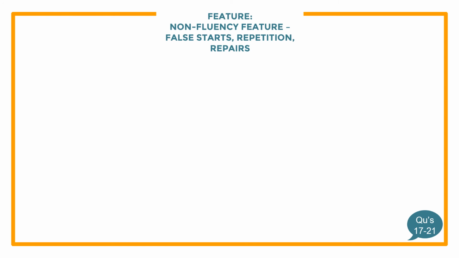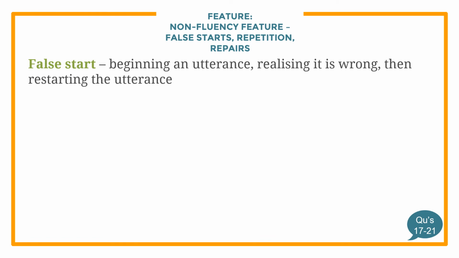And our last set of non-fluency features are what are called false starts, repetitions, and repairs. So a false start is when we begin to say something, we realise it's wrong, and we start again.